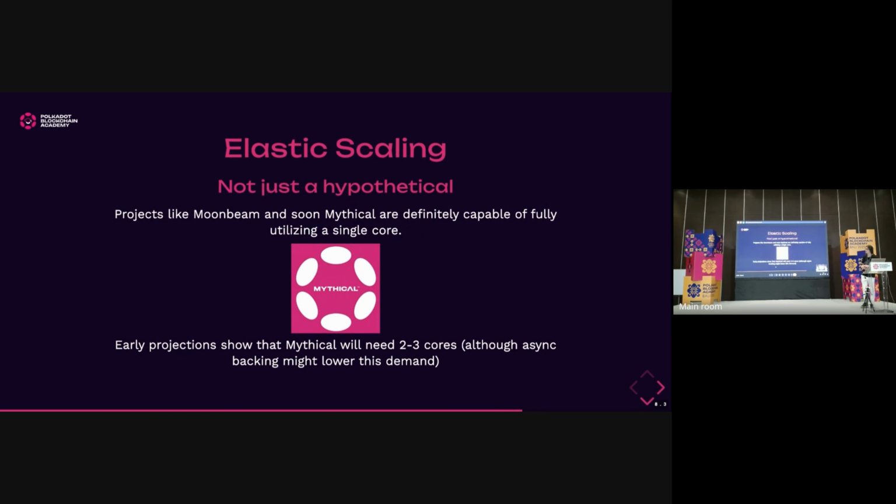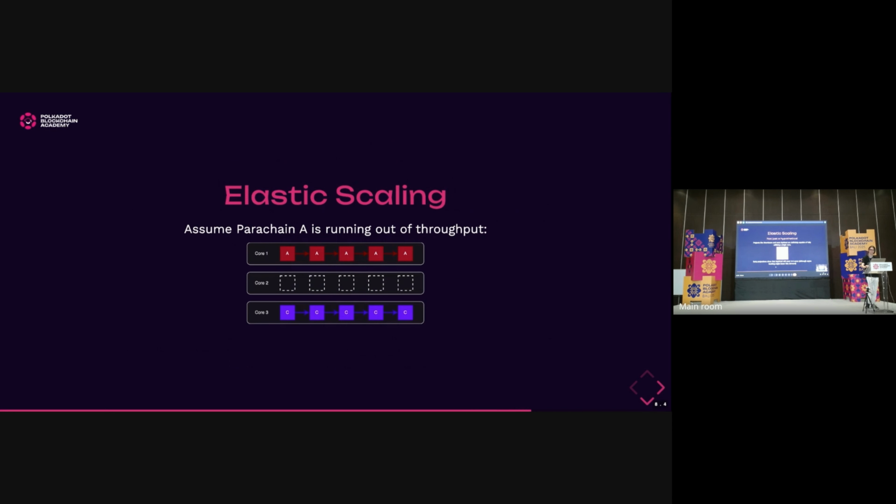And this is not just hypothetical. There are actual chains in Polkadot that require more than a single core, that have enough transactions to need more space, more throughput. So the way it works is, if you have, say, 2 different parachains here and 3 cores.